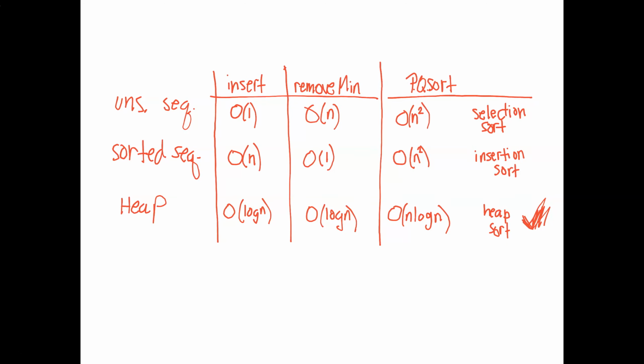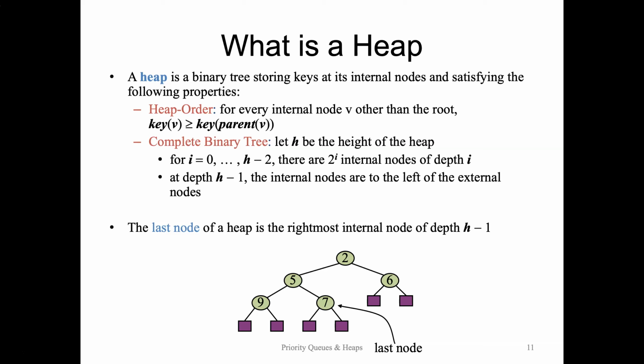In order to implement this, we have a couple different ways that we could implement a binary tree, right? We can use a linked structure. So this is just nodes that store the position. It also stores a reference to the parent and a reference to the left and the right child.